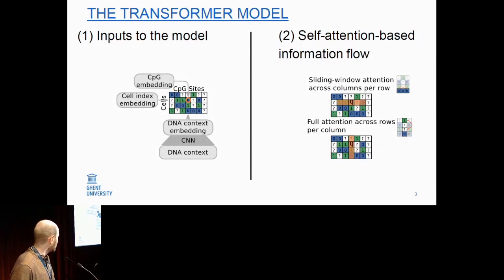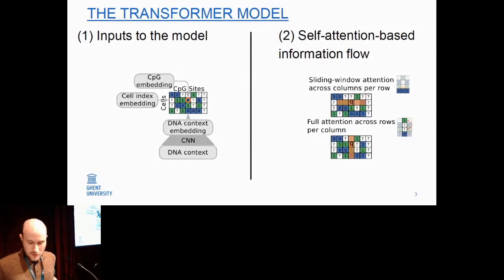So to briefly recapitulate, we have a vector for every matrix entry that contains three things. Basically, what was the label in the matrix entry, then what was the location in the row, and then also some kind of location column-wise encoding as well via the DNA context.